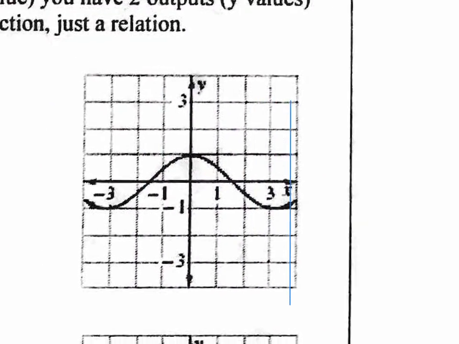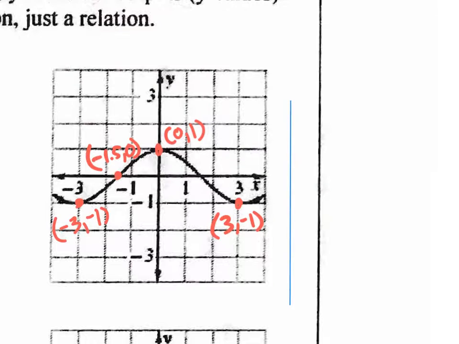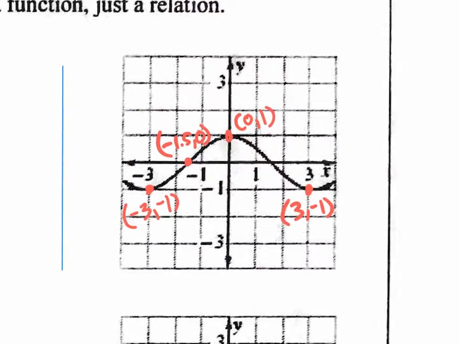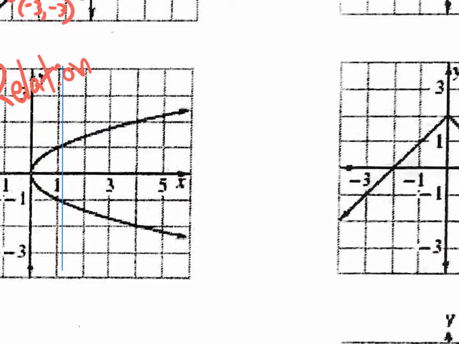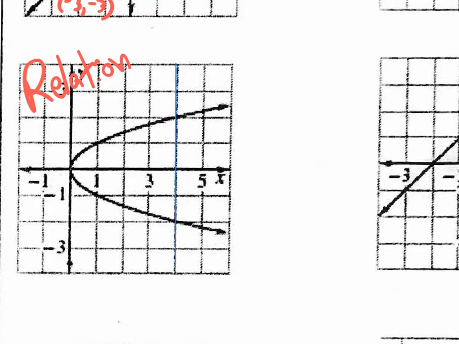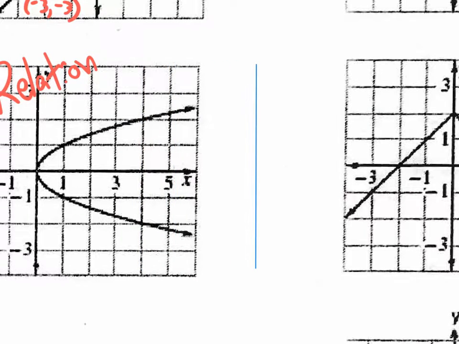I mean, we could think of it numerically. You could just get a bunch of coordinates and then think about, oh, my input's -3, -1.5, 0, 3. You never plug in the same number twice and get out different answers. But it's a lot easier to just do this. Run your pencil from side to side. If it does touch at 2 places, it fails the vertical line test, which means that the machine's broken. Down here, this machine is broken. Why is it broken? And we could even be specific here.